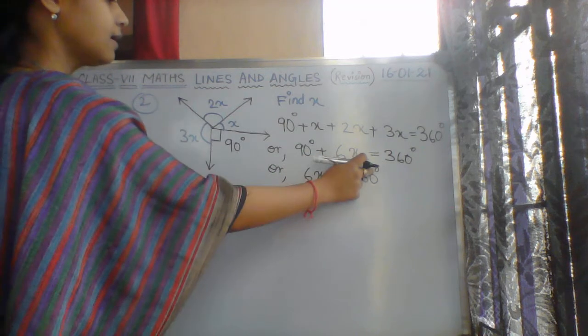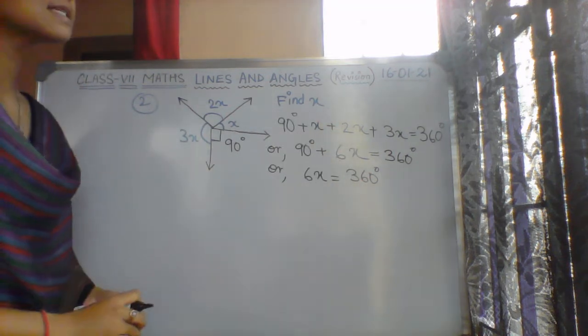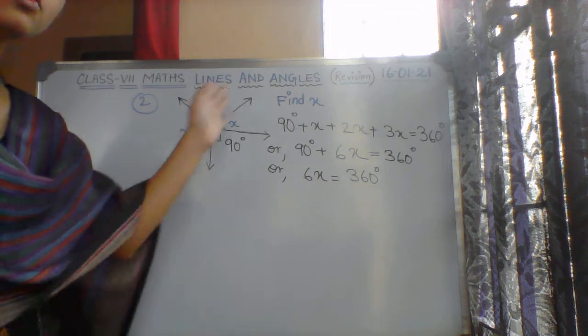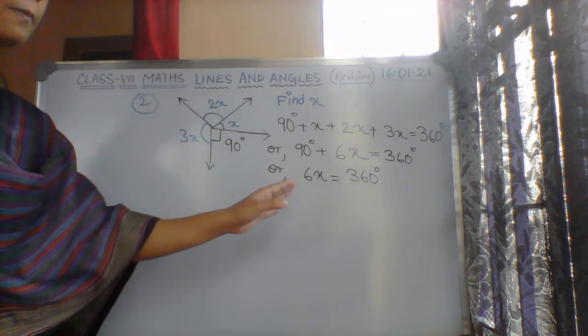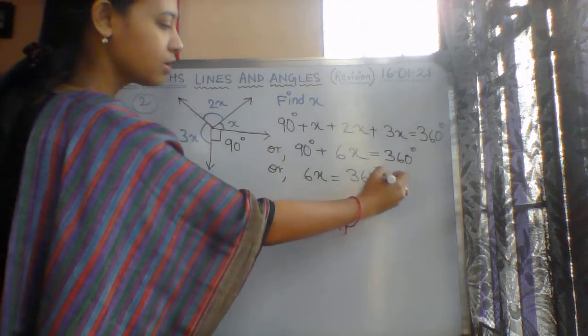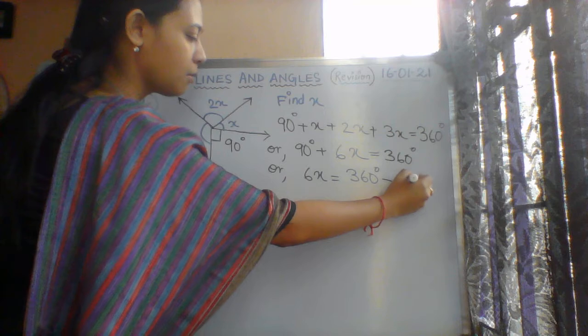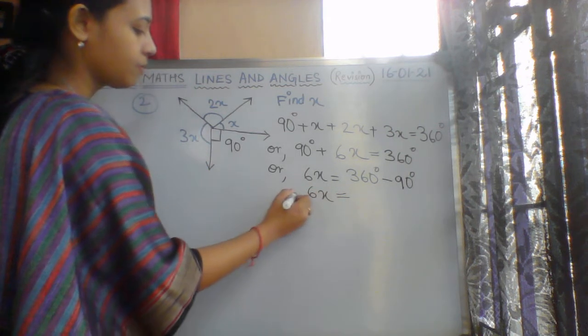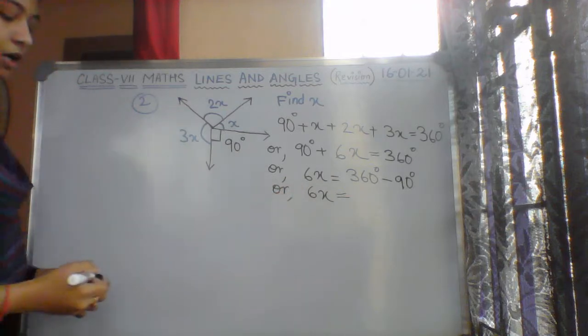Now I am taking the 90 degrees to the other side. Always keep unknown terms on the left-hand side and known things on the right-hand side. So 90 degrees is known to us, so I am shifting it over there. So 360 degrees minus 90 degrees. How much will it come?